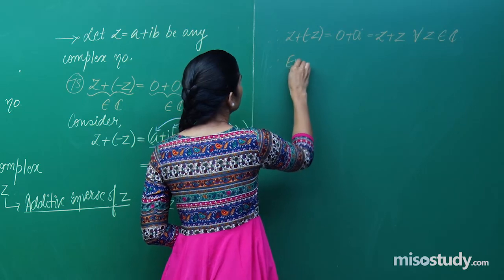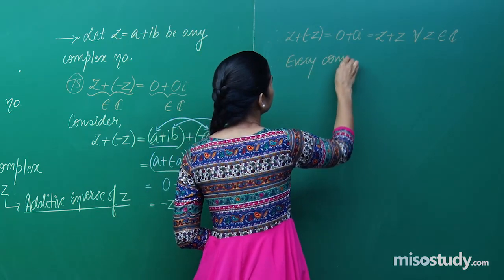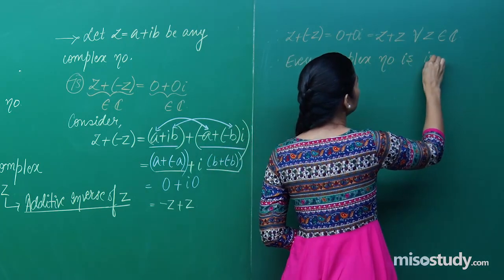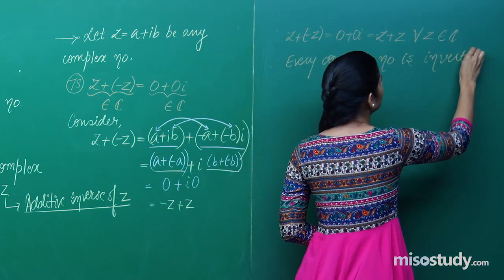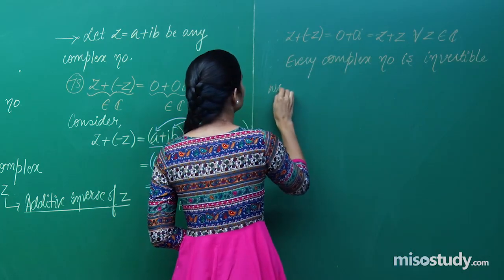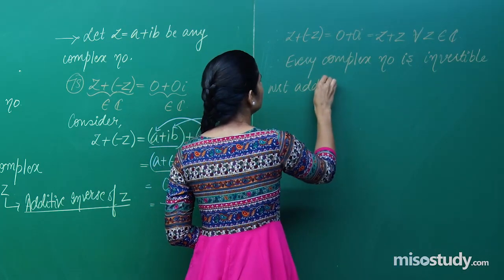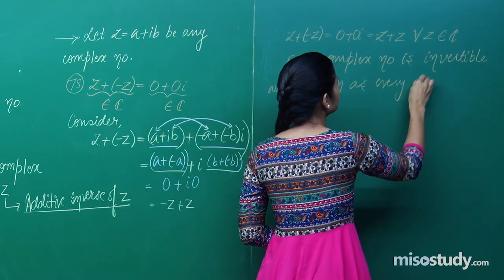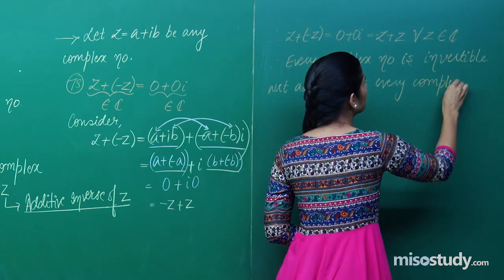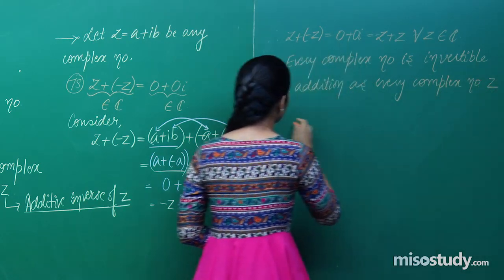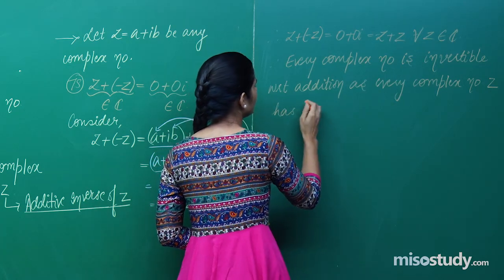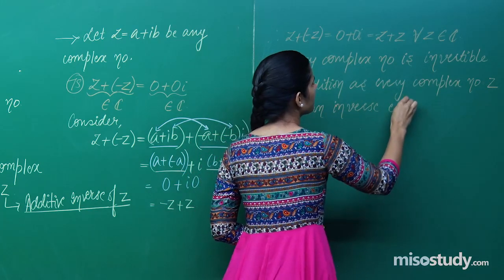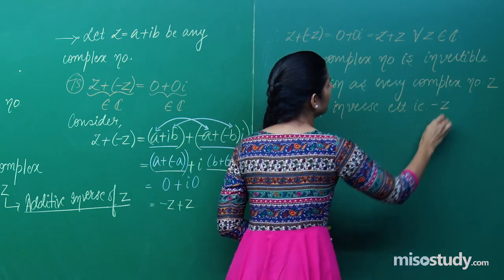Therefore, every complex number is invertible with respect to addition, as every complex number z has an inverse element, that is minus z.